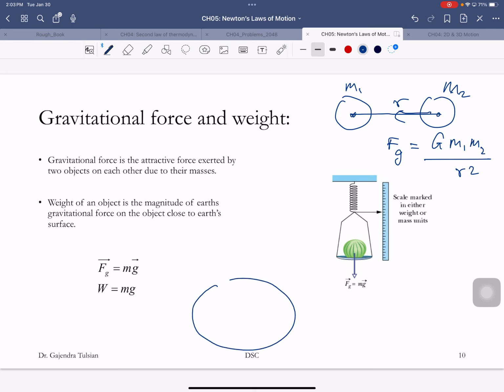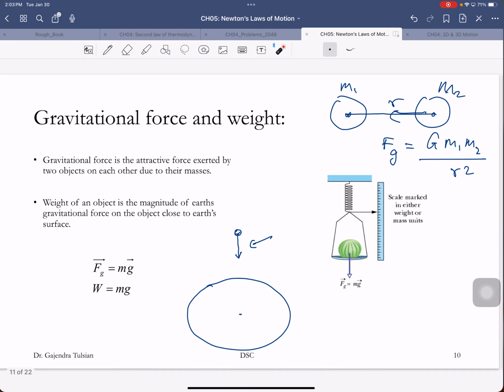Okay, so here is the Earth. Let's say here you are. What is the Earth doing to you? It's pulling you down. What is the direction of the force? The direction of the force is towards the center of the Earth. And this is the gravitational force. The magnitude of this force is called your weight.